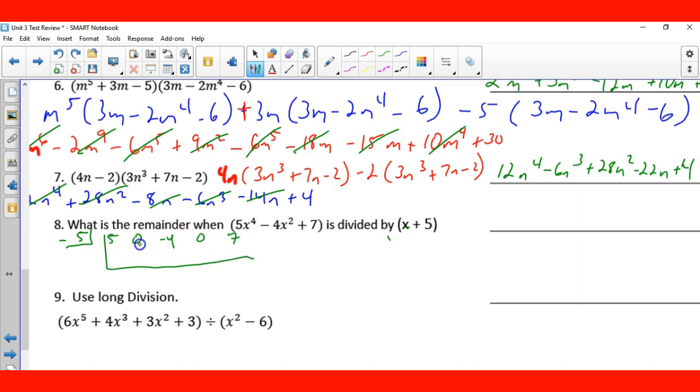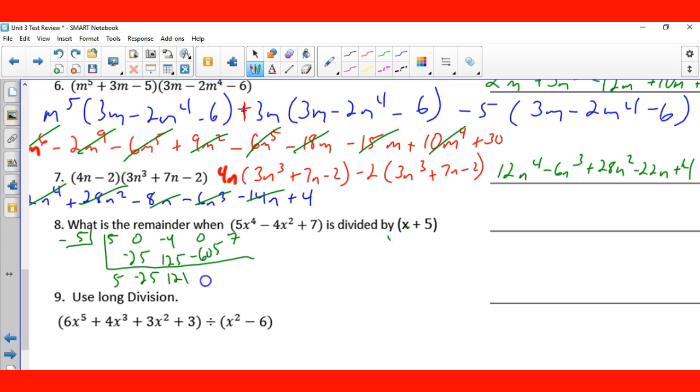So we're looking for the remainder, guys. So 5, bring down your first term. Then 5 times -5 is -25. 0 minus 25 is -25. -25 times -5 is going to be +125. But -4 plus 125 is 121. And then you're going to do 121 times -5, and that's going to be -605.